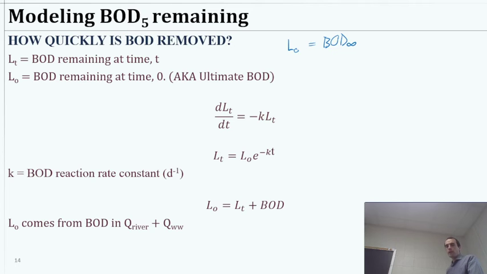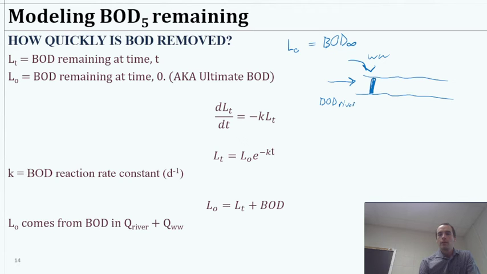And the last thing I'll say about L naught is this is the L naught for a river typically after the waste has been added. So if we have a wastewater outfall, with the river flowing this way, right after that we'll say this is what we're talking about: the BOD of the river plus the BOD of the wastewater.